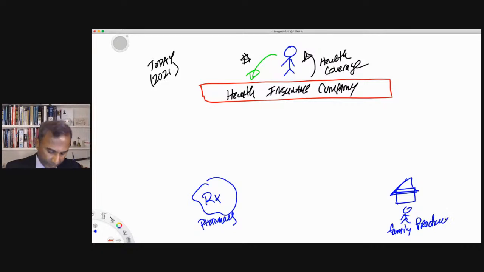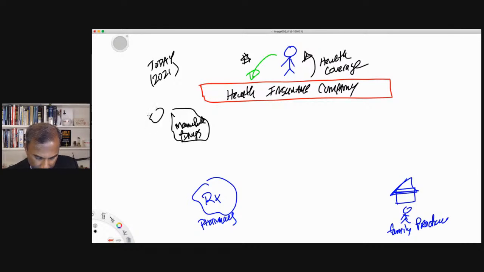Okay, but look what's happened. What's happened in between you and the health insurance company, there are many, many different entities. So first of all, let's assume over here is the pharmaceutical company. This is your manufacturers of drugs, and these include biotech companies. This could include pharma companies, big pharma.